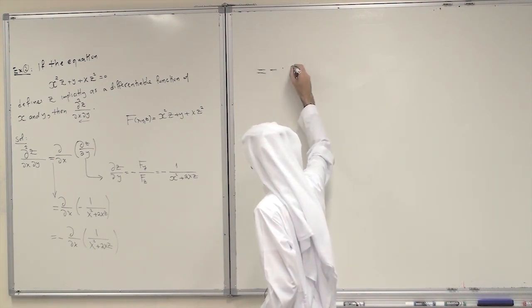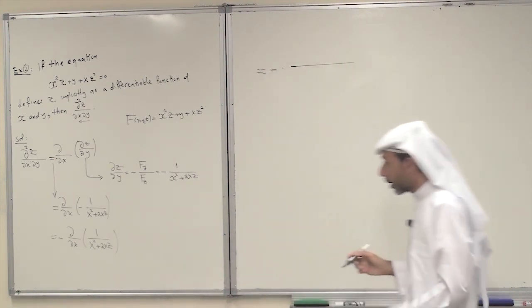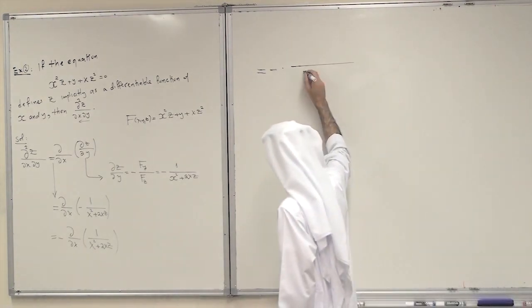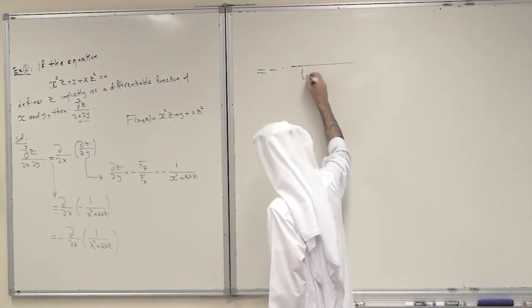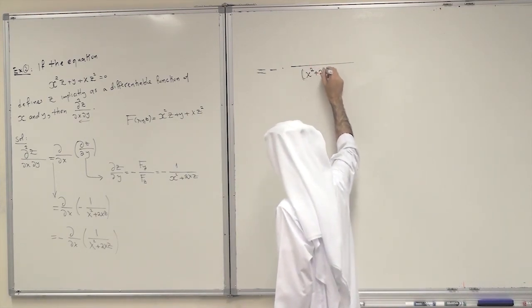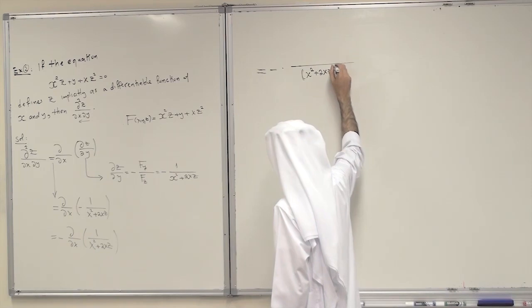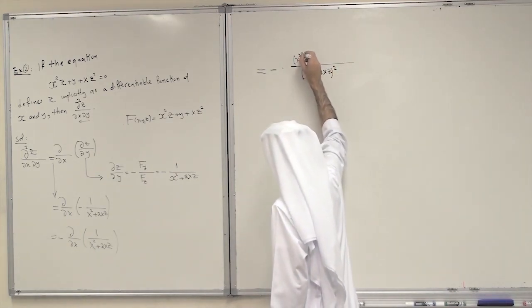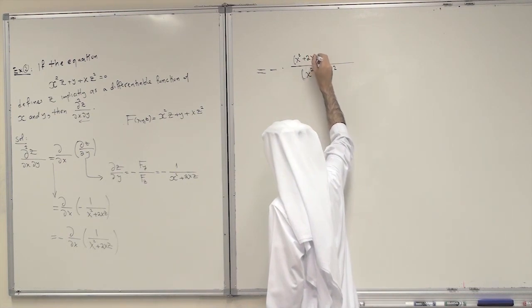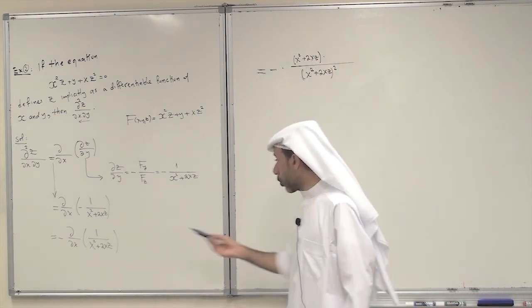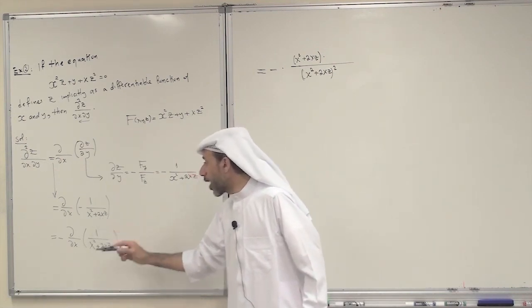Minus, when you differentiate using the quotient rule, so it is the denominator squared, so this is x squared plus 2xz all squared. It is the denominator x squared plus 2xz times derivative of the numerator, which is 1, with respect to x.